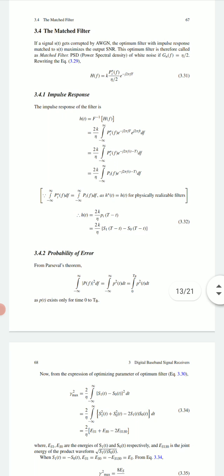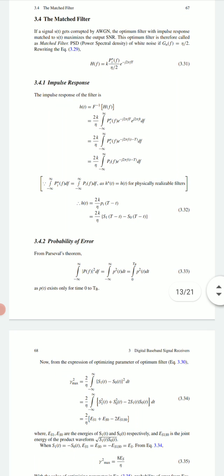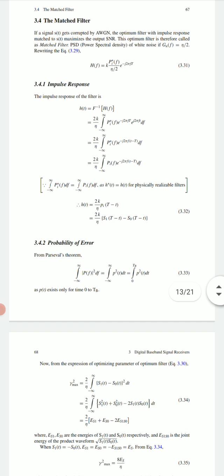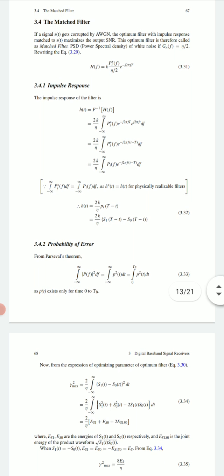So you get H(f) equal to k into P(f), or you can take G star of f, upon N naught by 2 or eta by 2, into e to the power minus j 2 pi f T. Now we say that this is the transfer function of the matched filter.